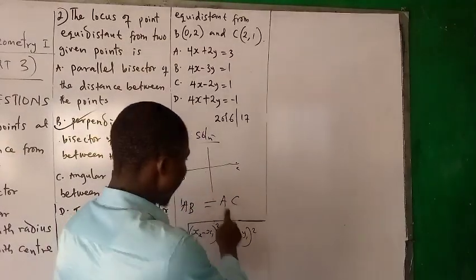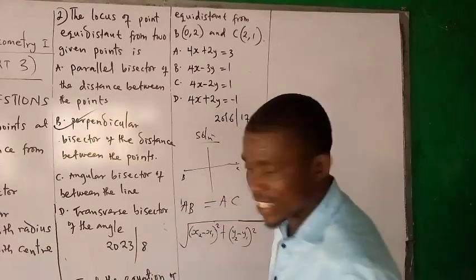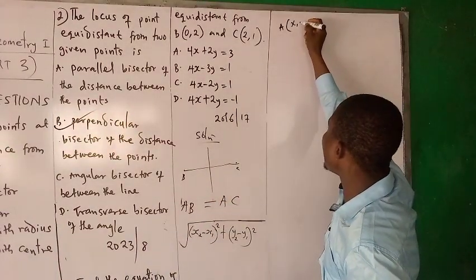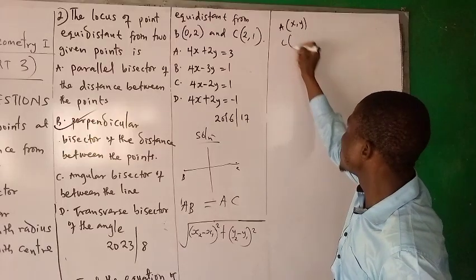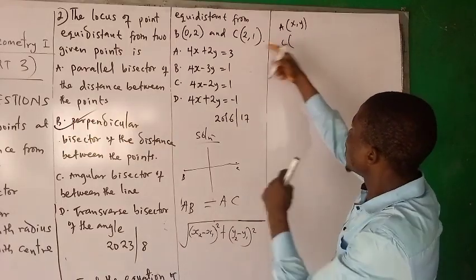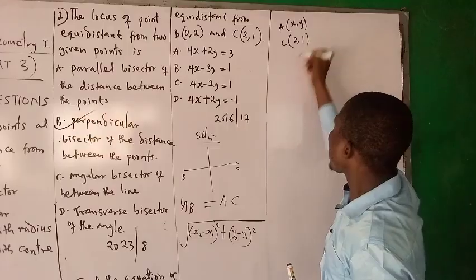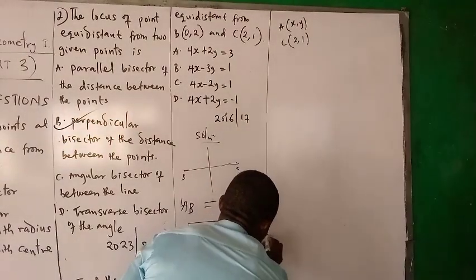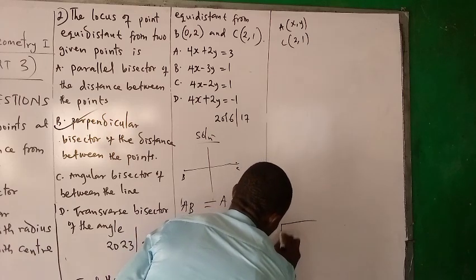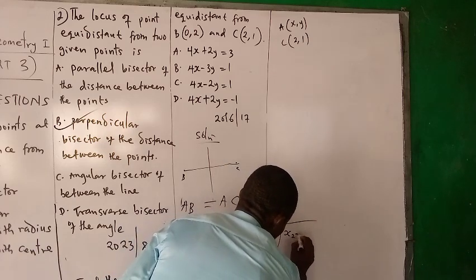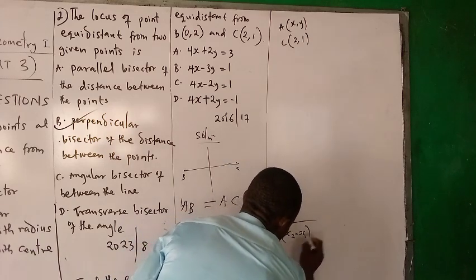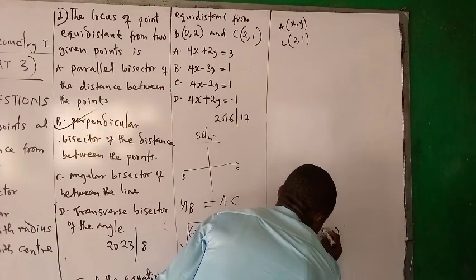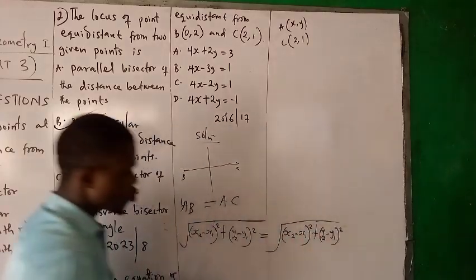So the distance AC. For AC, A has the coordinate x, y, and C has the coordinate 2, 1. You still apply the same formula here. So that will be the square root of (x2 minus x1) all squared plus (y2 minus y1) all squared.